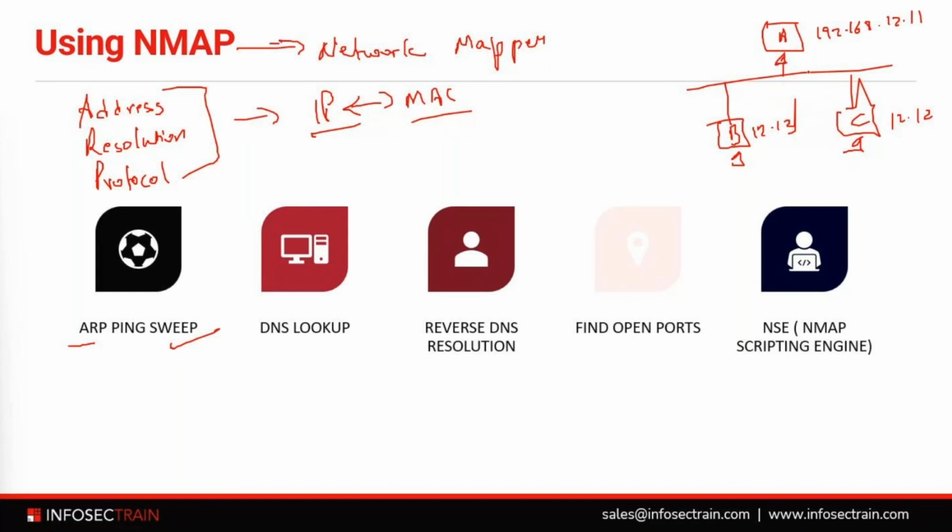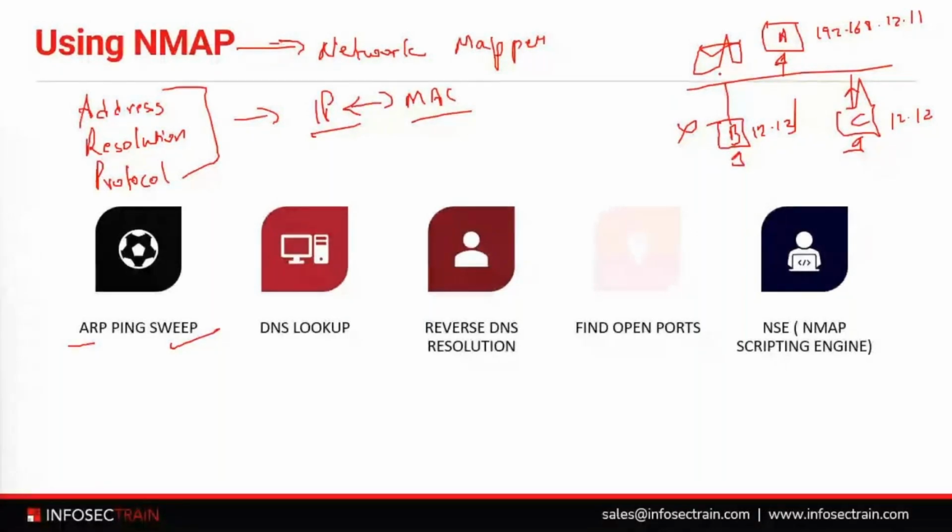Now, A wants to send some data to C, so A knows the IP address of C, right? So A will send a broadcast message in the network saying that anyone having IP address 192.168.12.12, send me your MAC address. Now B will get that message, right? B will say, no, my IP address is not written in the message. B will drop it. C will receive that message. C will say, yes, the IP address written in the message is mine. So C will reply back to A with its MAC address. And that's how your Address Resolution Protocol works.